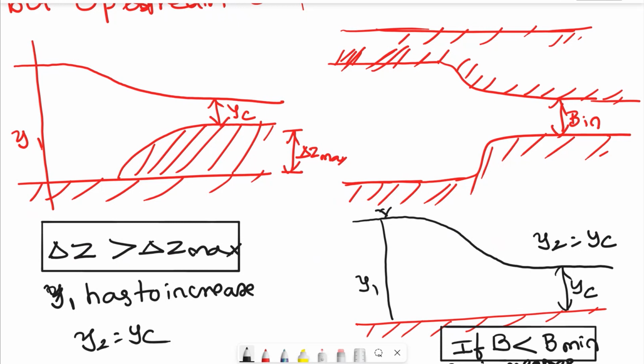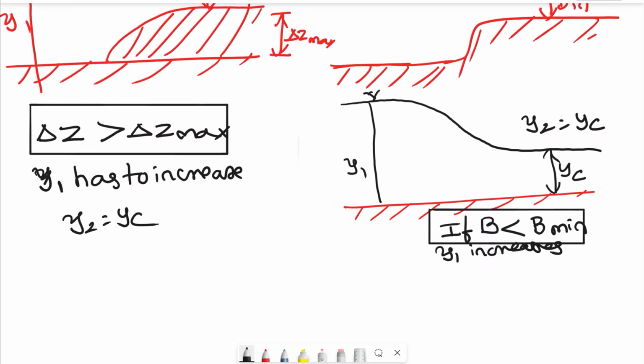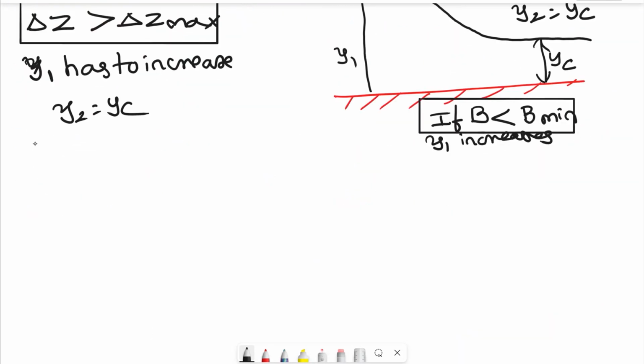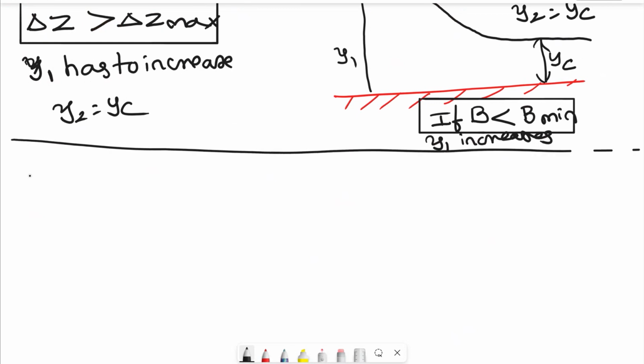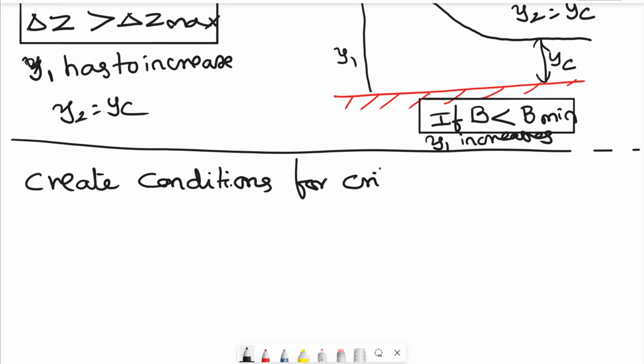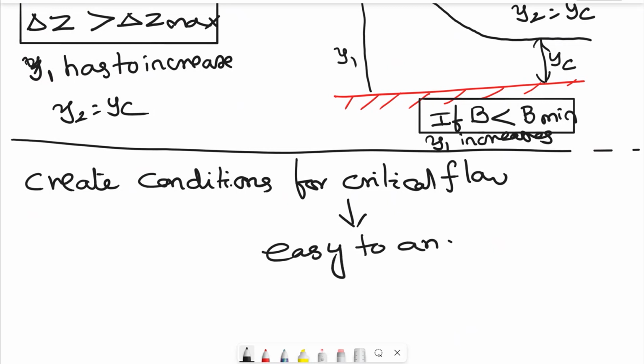So why we studied channel transition is mainly to create conditions for critical flow. Why create conditions for critical flow? Because it is easy to analyze. Why easy to analyze? Equations are well defined.